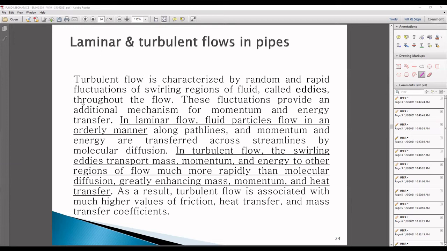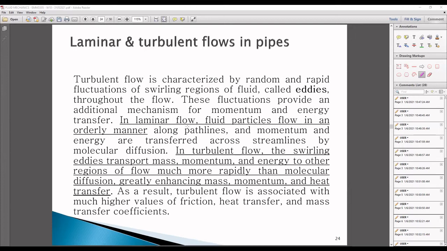If you want to enhance the energy transfer within a certain pipe flow, then you may need to produce flow which is highly turbulent, so that the momentum and energy transfer can be more effective.